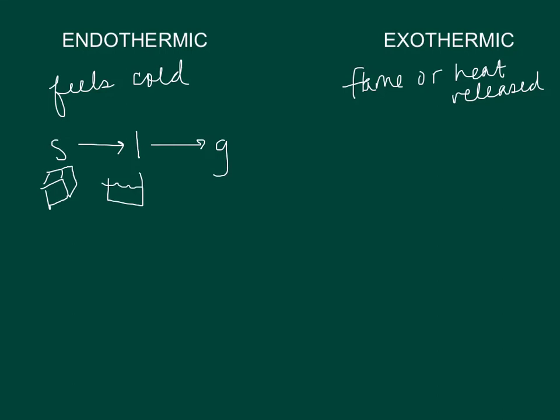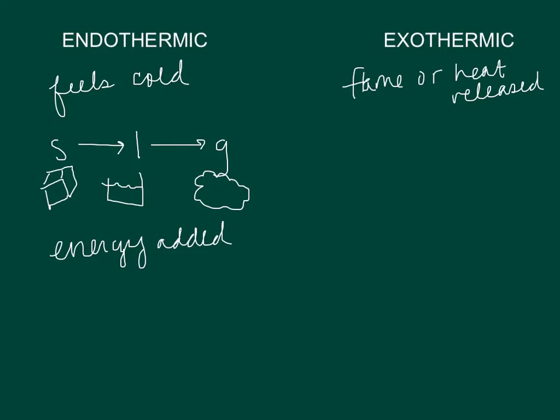If you add more energy to it, it'll turn into a gas. This is an endothermic process because energy is being added and absorbed. So anytime energy is added continuously. A lot of times if you just start a flame, you might just spark a match and then it burns on its own.